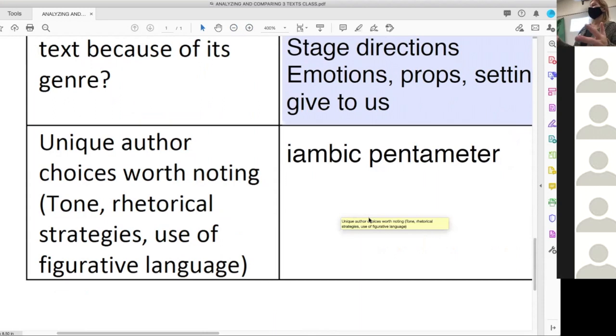Like in Romeo and Juliet, one of the most famous lines is, "But hark, what light through yonder window breaks." 10 syllables. So often in Shakespeare's lines, parts of the drama that were really important and he wanted to emphasize, he switches to writing in iambic pentameter so that the reader remembers it, right? So that is a unique word choice.